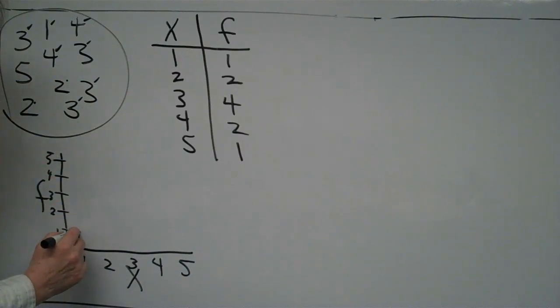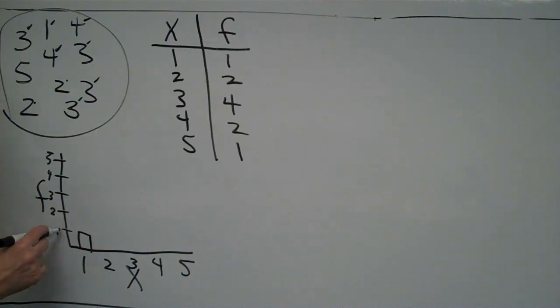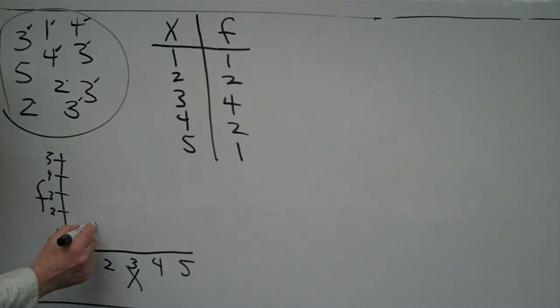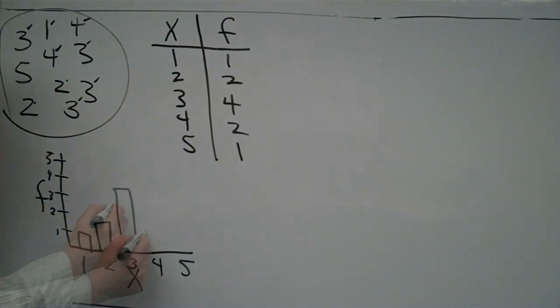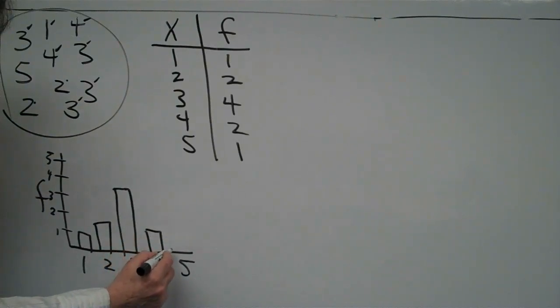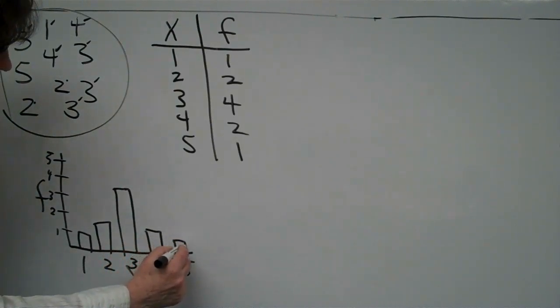There was 1 1, so we make a bar that's 1 unit high, 1 frequency. There were 2 2s, so we make a bar that goes up to 2. There were 4 3s, 2 4s, and 1 5.